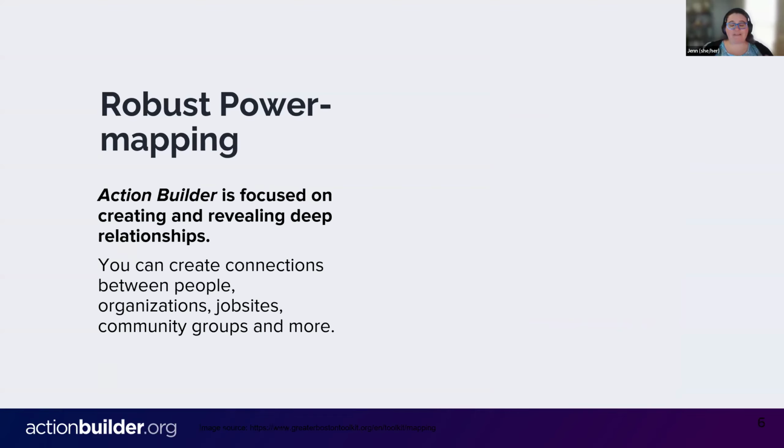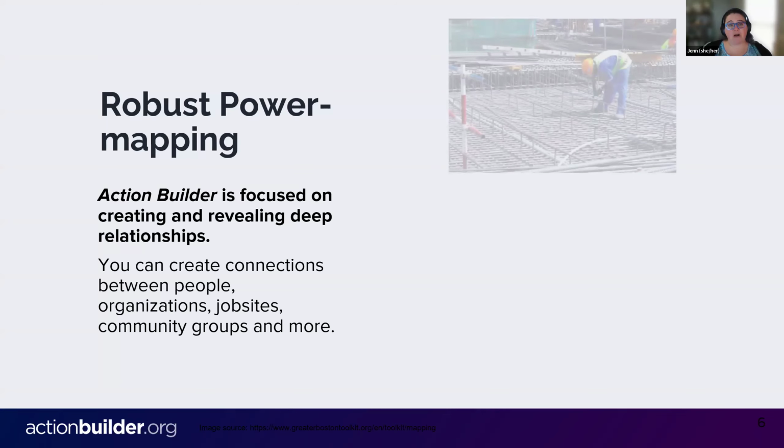The other thing that I find super cool about Action Builder is our power mapping features. And so the goal is not just a simple flat spreadsheet, but you can actually map deep relationships, connecting people to other people, organizations, job sites, community groups, and more.